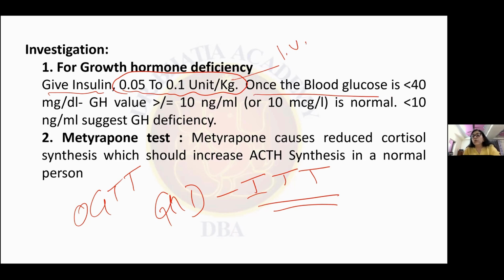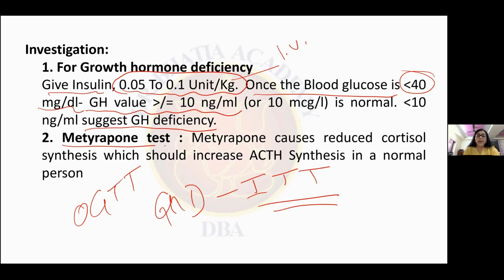And once the blood glucose level is less than 54 or less than 40 milligram per dL, which we call the critical sample, the growth hormone should rise to above 10 nanograms per ml in a normally functioning pituitary. If it does not rise above 10, then we are dealing with GHD, that is growth hormone deficiency.